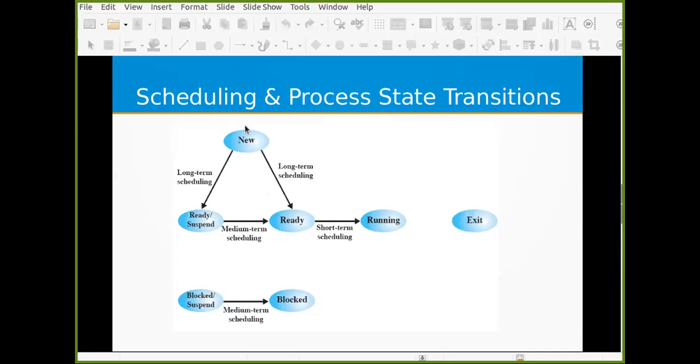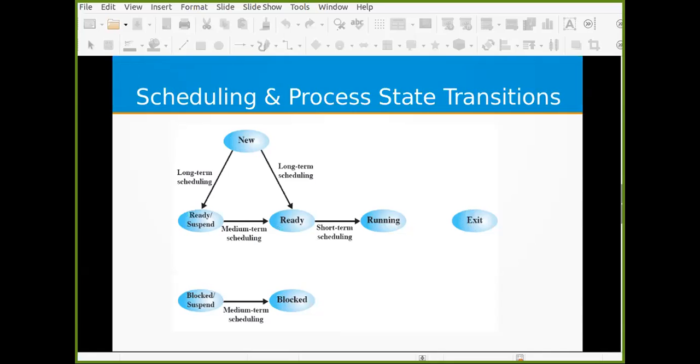When a newly created process gets inside the system, either in the ready state or the ready suspended state, that decision will be taken by the long-term scheduler. And again, nowadays the processes that we create, whenever we work with our systems, are mostly interactive processes.